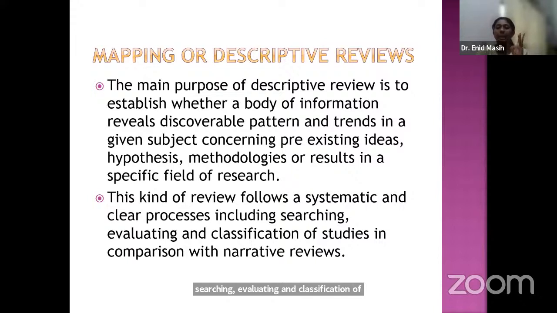When you write your paper on the basis of a mapping or descriptive review, it is important for you to see that your paper fulfills a few criteria. What are those criteria? The process followed in selecting must be systematic and clear.